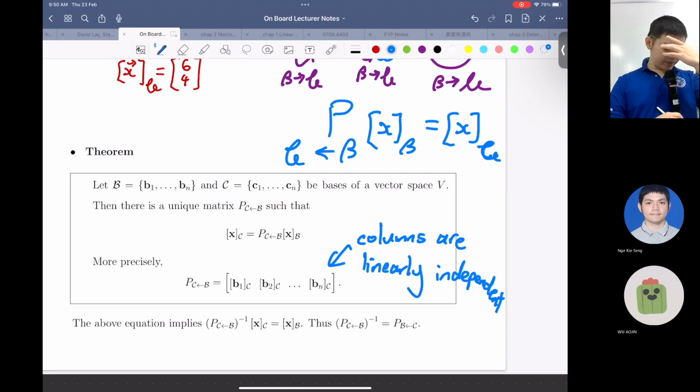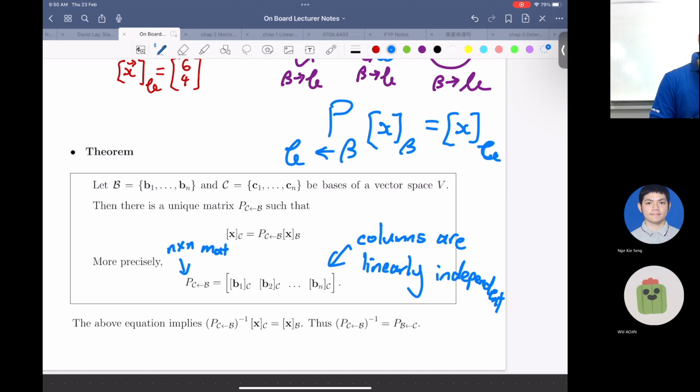So if it is invertible, note that this is an n by n matrix, okay? Because you are going from n, you need to express n things in terms of n things. So it's an n by n matrix.